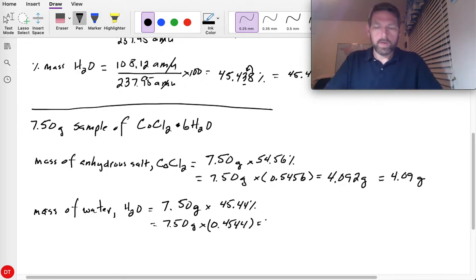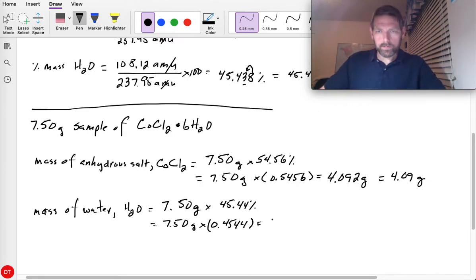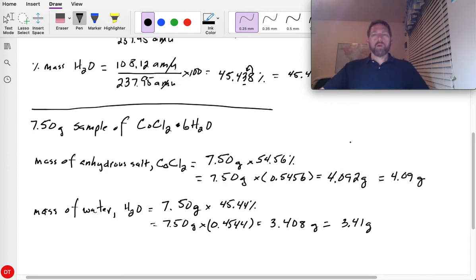Okay. 7.5 times 0.4544, 3.408. So that gives us 3.408 grams. We can evaluate that to 3.41 grams. So all of this here is our theoretical.